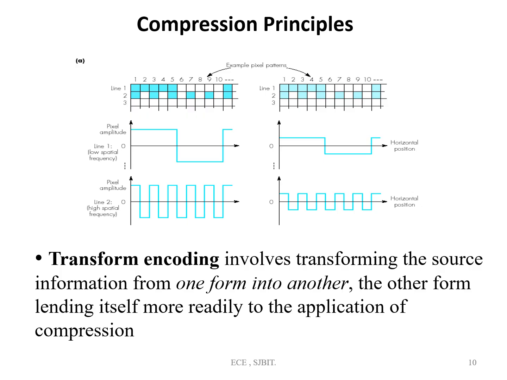During the compression of an image or a text, the pixel pattern, the pixel amplitude and the pixel count are very important. In this diagram, we have a pixel pattern where we can see the pattern varies, and this pixel amplitude is fixed, and it has a low spatial frequency, and one more with a high spatial frequency. The low frequency signals and the high frequency signals are treated separately in the compression principles.